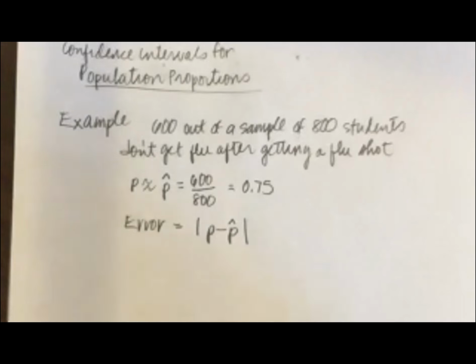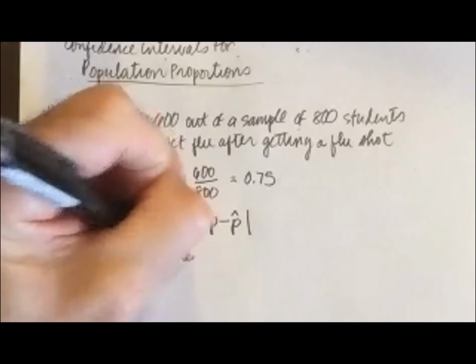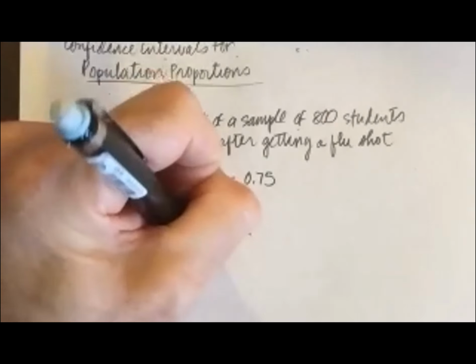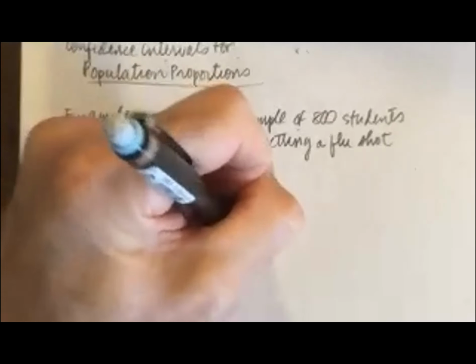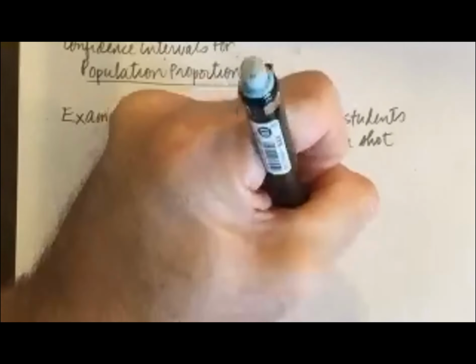So maybe that's plus or minus 4%, plus or minus 5%. And here's how we're going to calculate it. We want to consider the sampling distribution of the sample proportion.